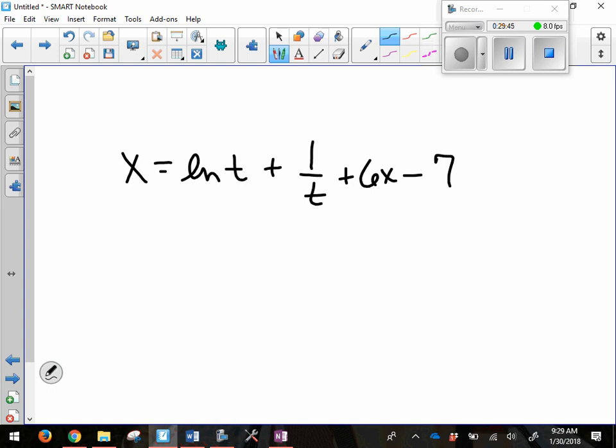But whenever you solve a differential equation, you need to think about the domain for which your answer makes sense. Can anybody think of any problems I'm going to have with that? Negatives, okay? So t is going to have to be at least greater than or equal to 0. Why can't we have negatives?